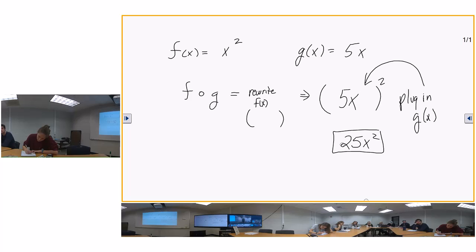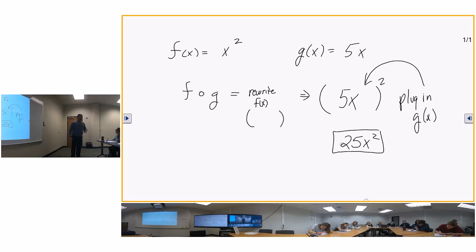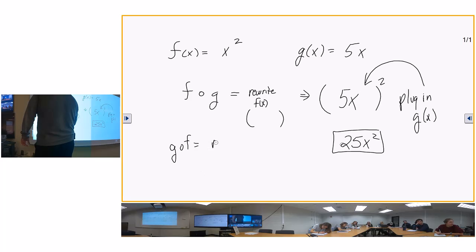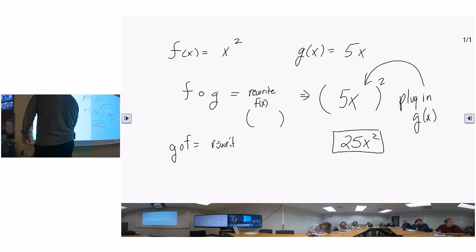So that means you're going to rewrite g with a big set of parentheses and plug in f. So g composed of f is equal to rewrite g of x with a big set of parentheses.